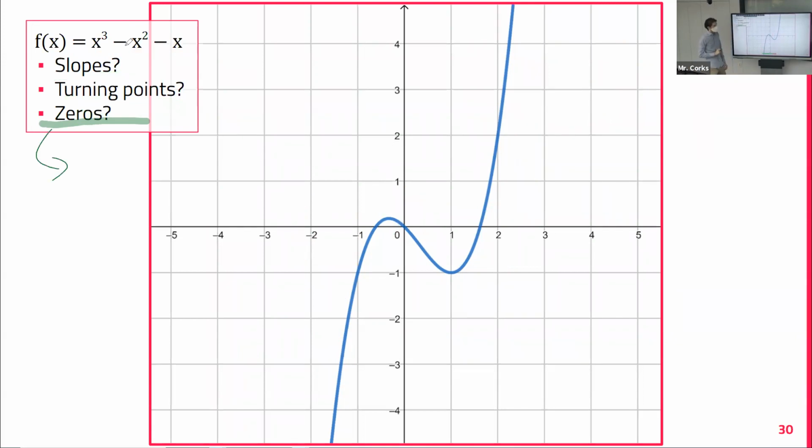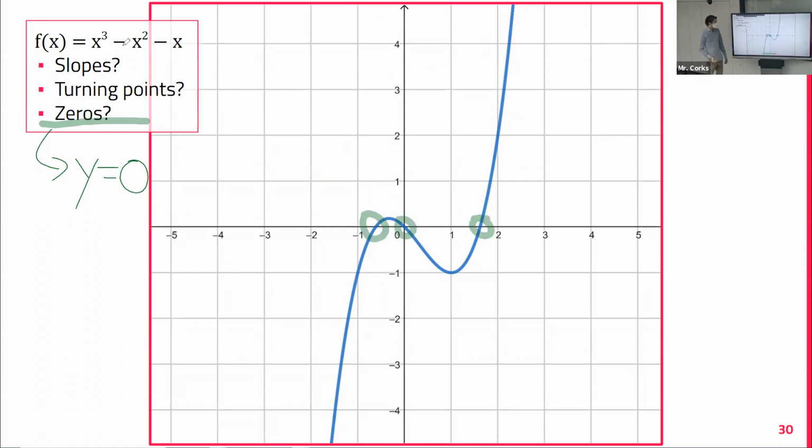Okay, so the zeros are basically the x-intercepts. Any spot where the y value is 0. So what x values give us the y of 0? How many zeros do you see in this function? 3. So 1, 2, 3.